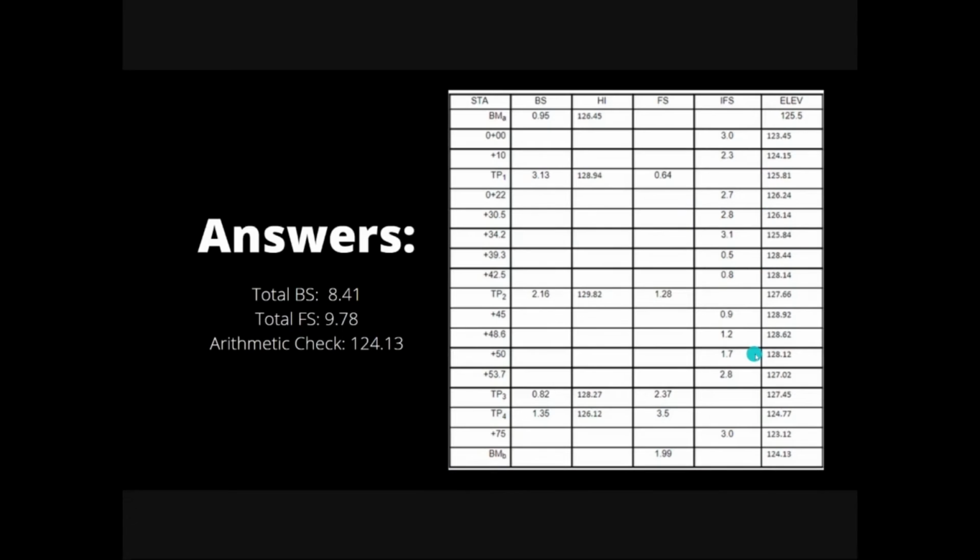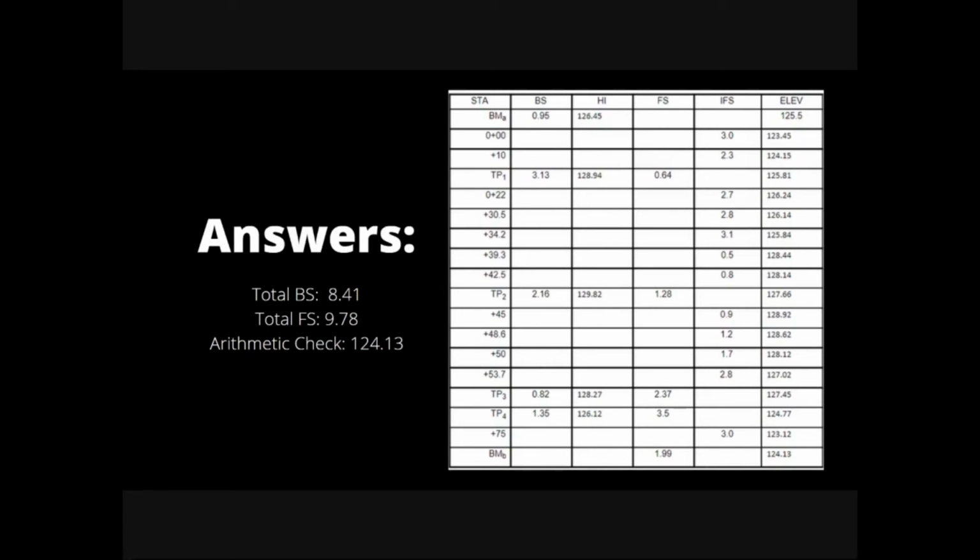Now to do the arithmetic check, we have to add the starting elevation with the total backside value, which is 8.41. So 125.5 plus 8.41 equals 133.91, minus 9.78.